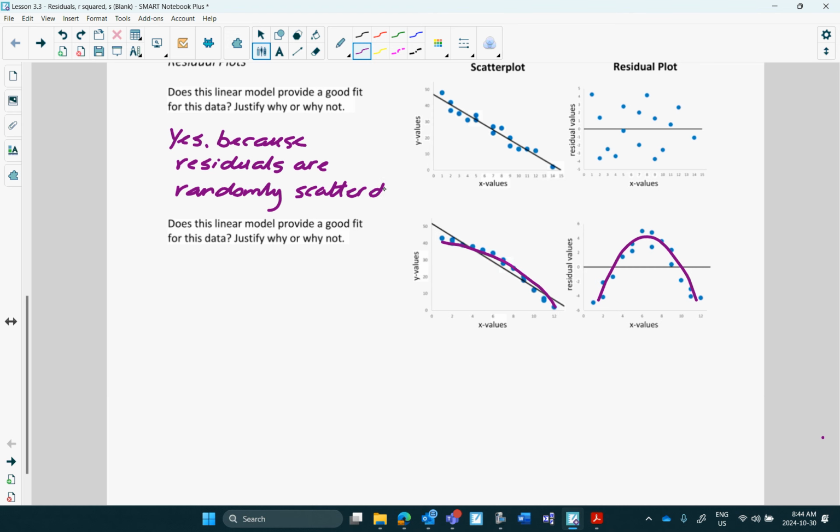It doesn't form any kind of pattern. This one is no, because residuals, remember, we're looking at the residual plot. Residuals form a curve.